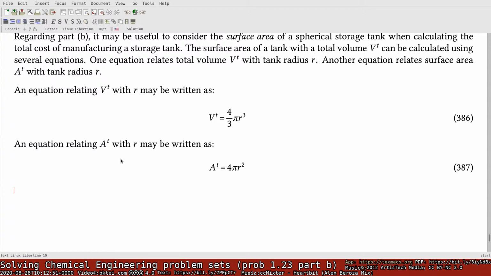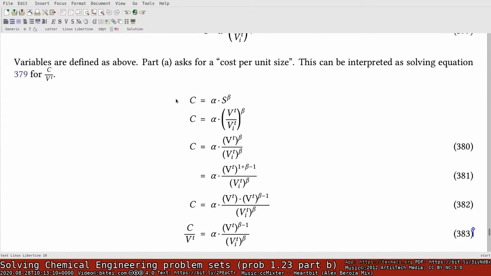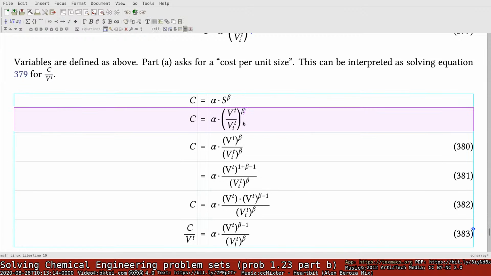So we want to relate v superscript t with, well, what are we trying to do? We're trying to use the allometric equation, and we're trying to show that beta equals 2/3. So the allometric equation was this, which in these terms we can write like so.